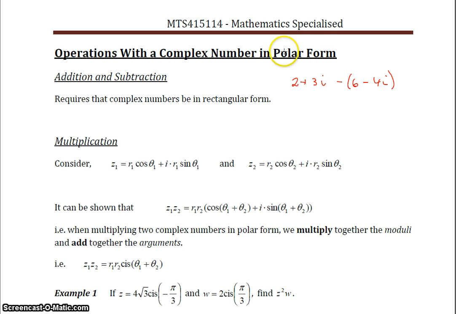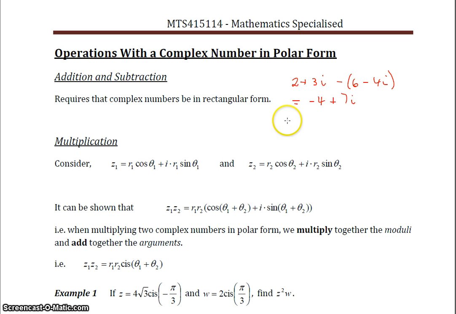We know that adding or subtracting complex numbers means we add and subtract the real and imaginary parts, and so we're going to get negative 4 plus 7i in this particular instance. So that's the form that it needs to be in if we're to add or subtract a complex number.